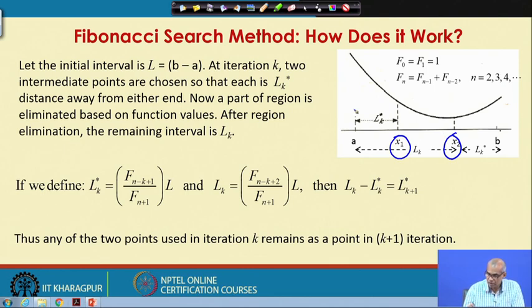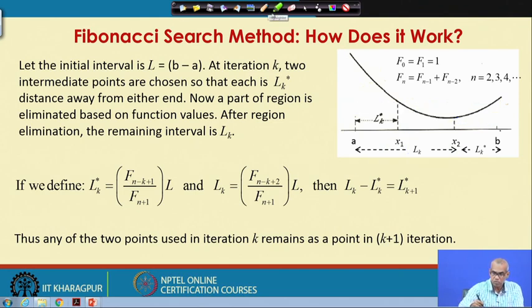So, x1 is Lk star distance away from a and x2 is again Lk star distance away from the right end b. Now, depending on the function values, a part of the region will be eliminated, either a x1 or b x2. In either case, the remaining interval will be Lk. This is also Lk and this part is also Lk.